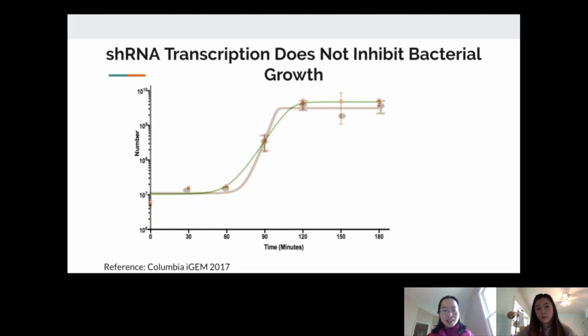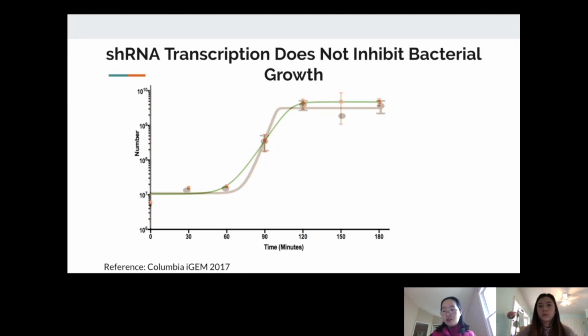So we wanted to test it to make sure that it does not harm the bacterial growth. You can see here, the green line and the brown line are the two different strains of bacteria, one with the shRNA producing mechanism, one without, and they overlap quite well.